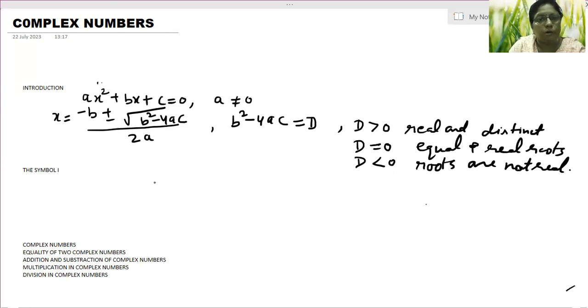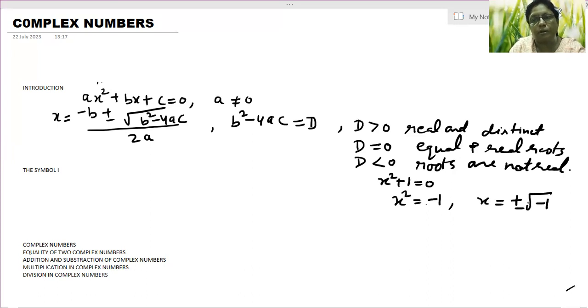so if an equation is given to you, x square plus 1 is equal to 0, find the roots of this equation. This will give the root x square is equal to minus 1 and x is equal to plus minus under root minus 1.